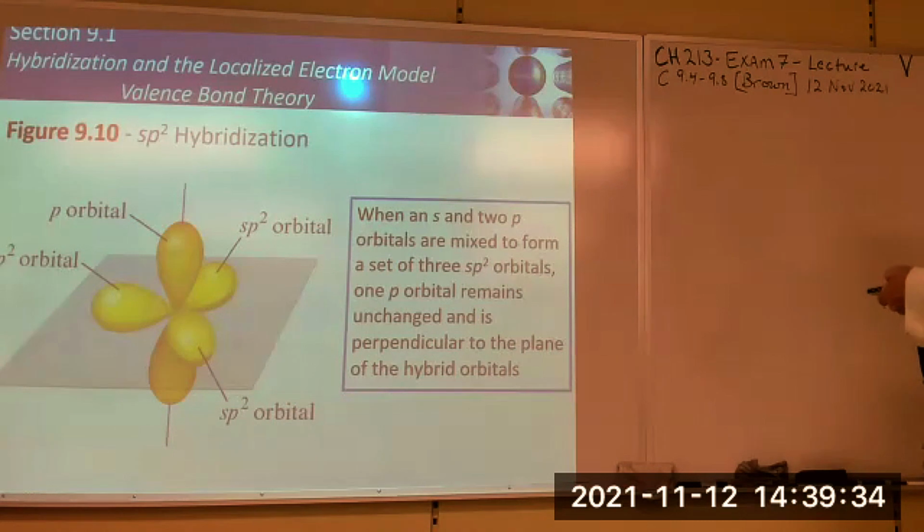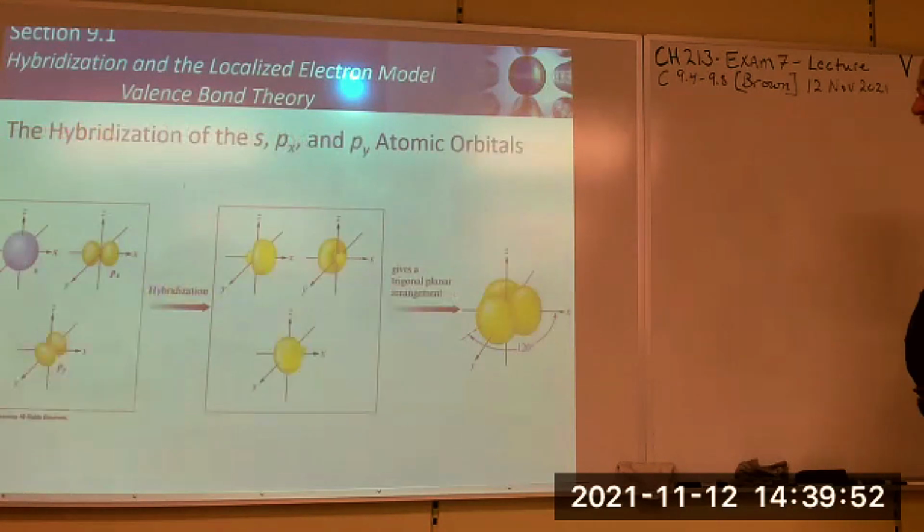So here's what it would look like, an artist's rendition. You have trigonal planar because these are all equivalent, pointed to the apices of an isosceles triangle. And then you have the unused p orbital here available for pi bonding. And this is what an artist thinks they look like.